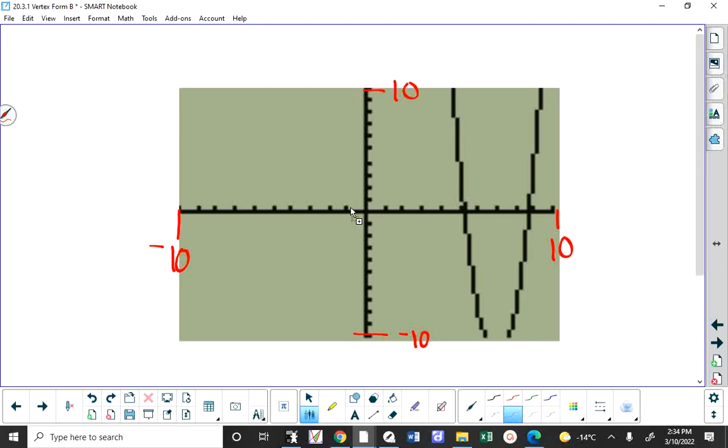When I take a look at this, all of this is wasted space. There is no information there about the graph. So instead of going from -10 to 10, I look at this and I go, you know what? Let's go from 4 to 10.